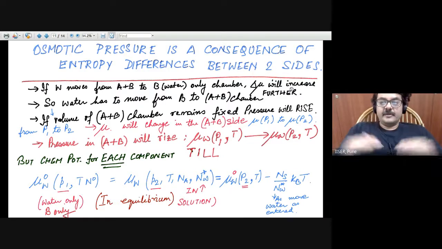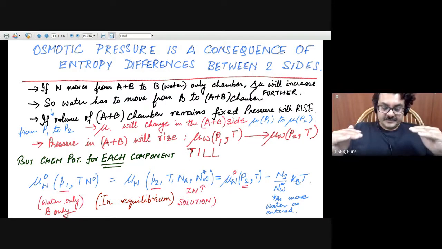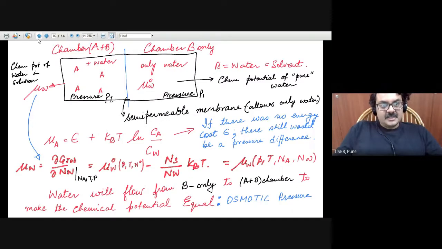You will get equilibrium only if the two chemical potentials become equal. Why will it decrease? Because if water comes to this side, this NW will decrease. So this chemical potential will decrease further. The potential difference will increase further, right?